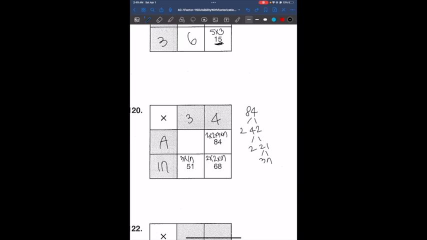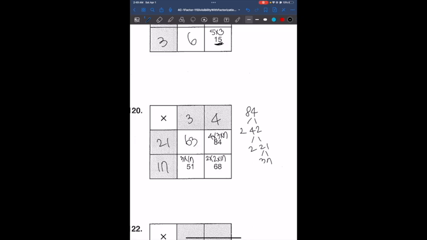And then to find A, we know that A times 4 is 2 times 2 times 3 times 7. So basically that's 4 times 3 times 7. So we know that A must be 3 times 7, which is 21. And so this missing box is going to be 21 times 3, which is 63.